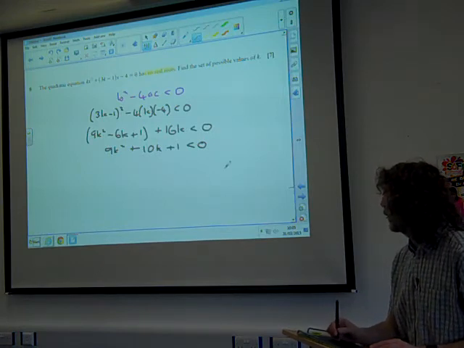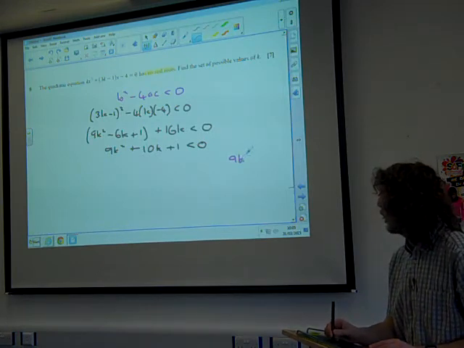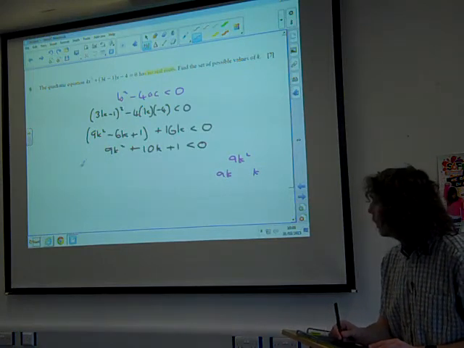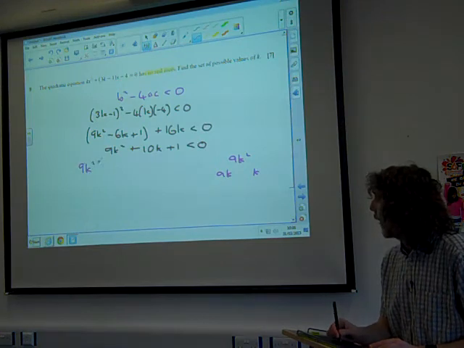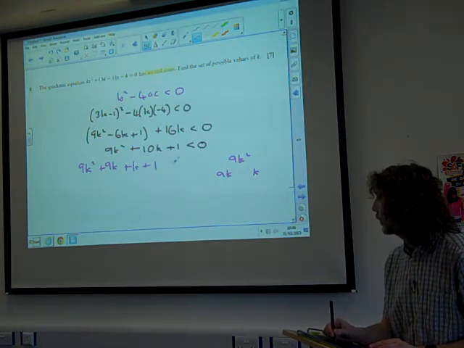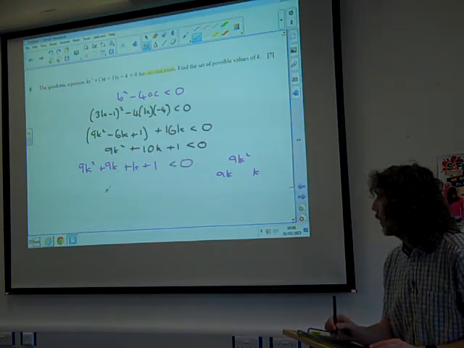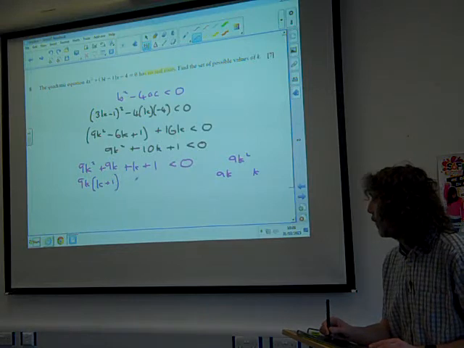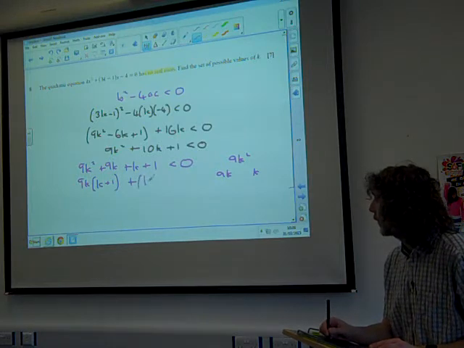So let's go with that. We've got 9k squared is going to be 9k and k. So we're going to write this as 9k squared plus 9k plus k plus 1, which does factorise: 9k as a common factor there, (k plus 1), and we'll put the other one in brackets, (k plus 1).